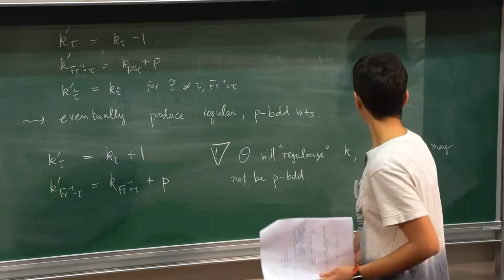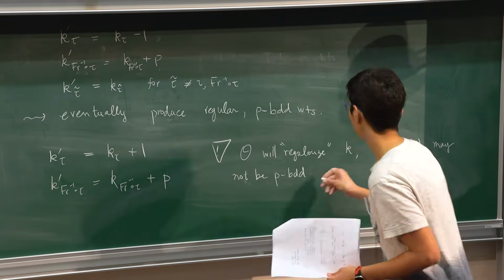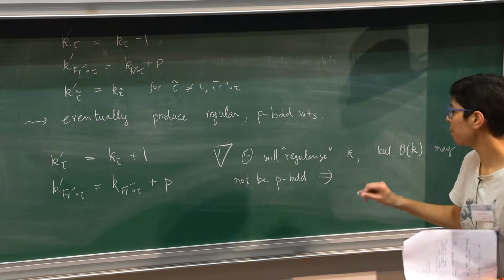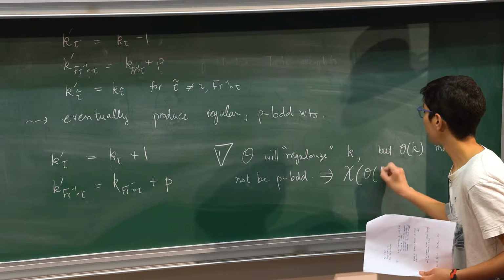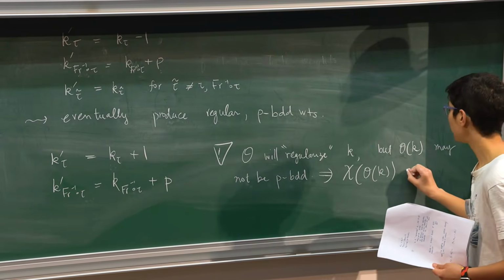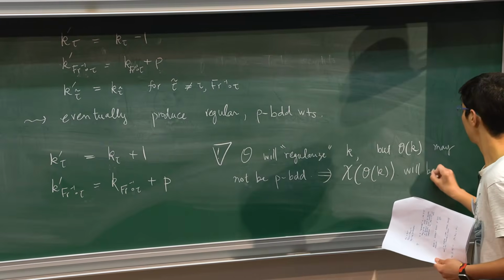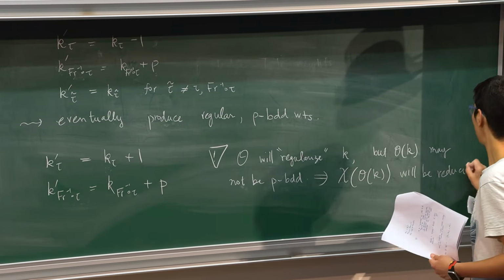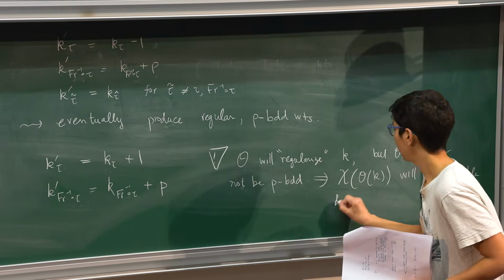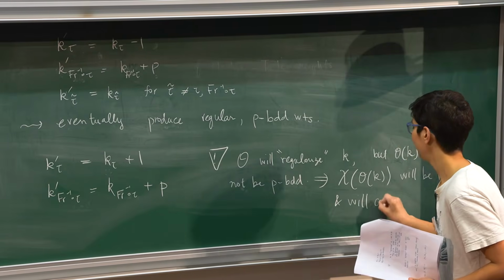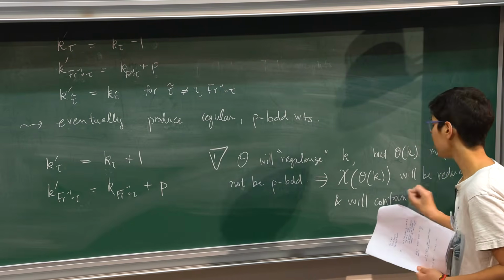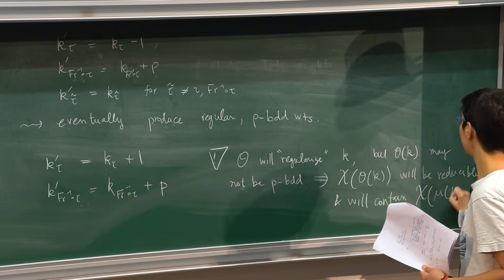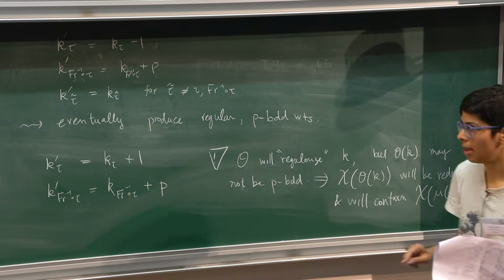So if it's not p-bounded, then this locus will typically be reducible. And what's worse, it will contain the other good weight we had produced as an irreducible component.